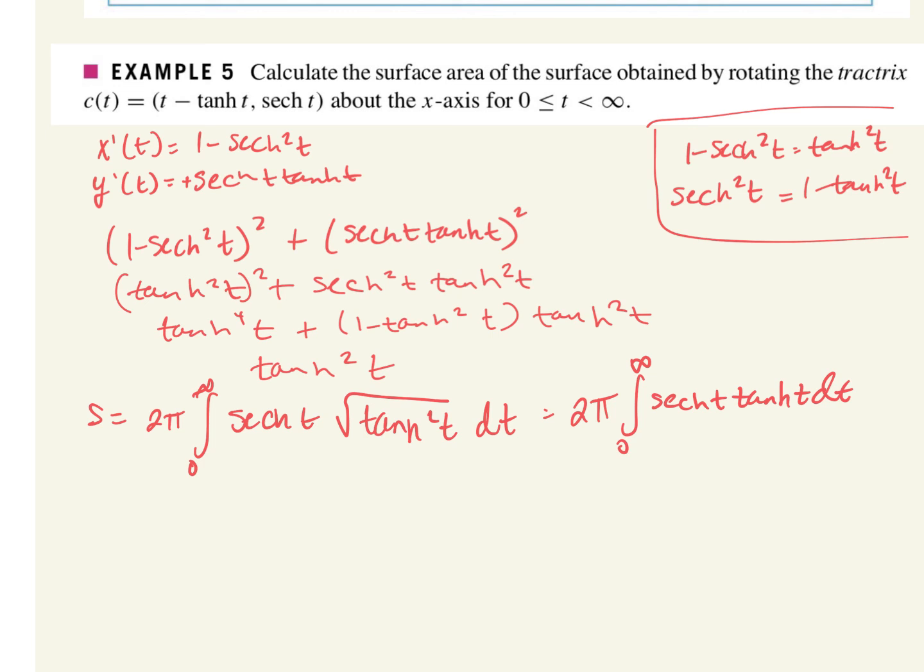We are going to address it by saying that it is equivalent to 2 pi limit as r goes to infinity, integral 0 to r, again, of that sech t tanh t, and now we can finally get to our answer. So the limit of that integral, right, this returns to sech from 0 to r.